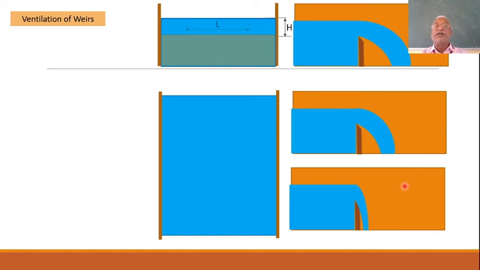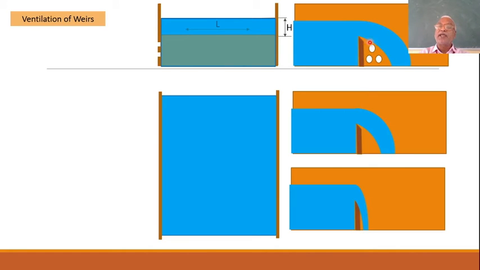Hence what is done is that on the side walls on both sides, holes are drilled. On the side view, this is how they look. What these holes provide is free air. Because of that, the nappe is free to fall off.